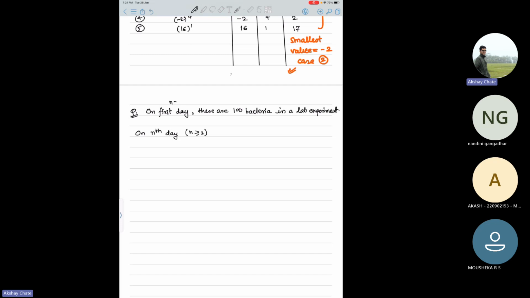The first day is basically the n equal to 1 condition, but for the remainder of the days after the first day, so second, third, fourth, and so on, 1 out of every n bacteria produces another bacteria.